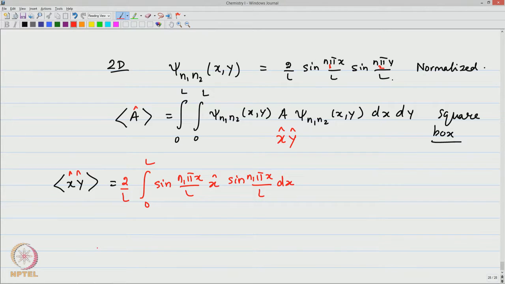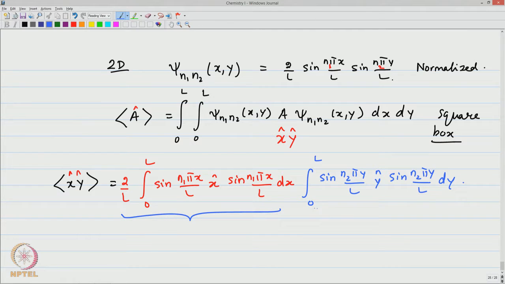This is one integral for the x, and this is the other integral for the y, 0 to L sin n2 pi y by L, the operator y, sin n2 pi y by L dy.